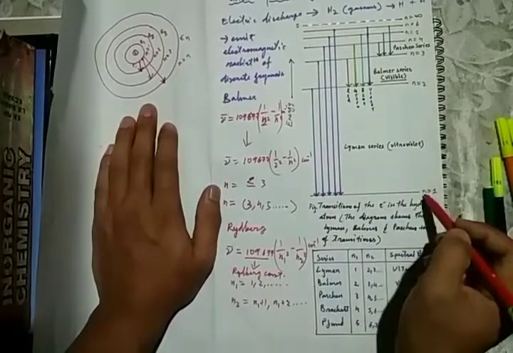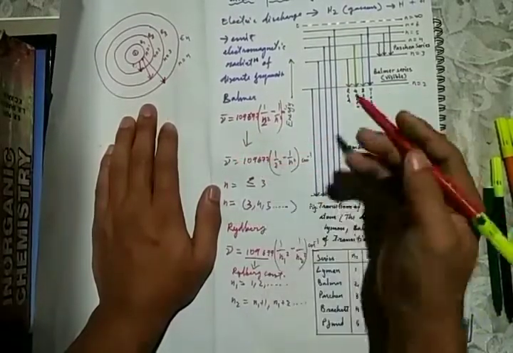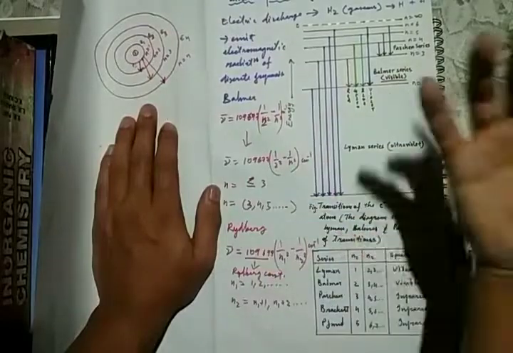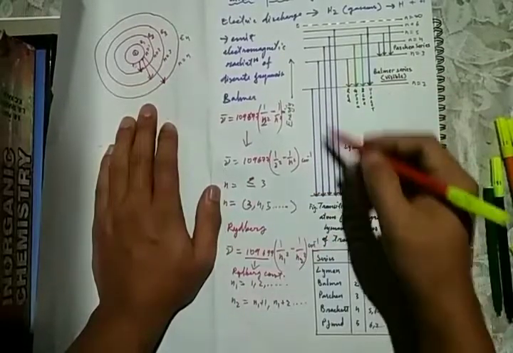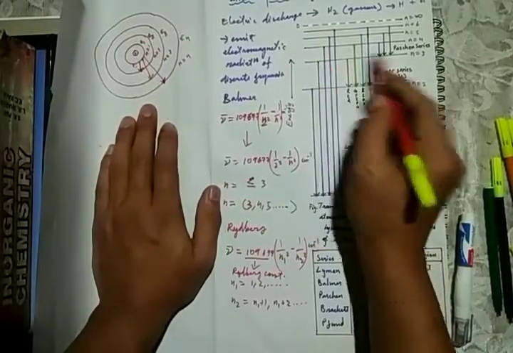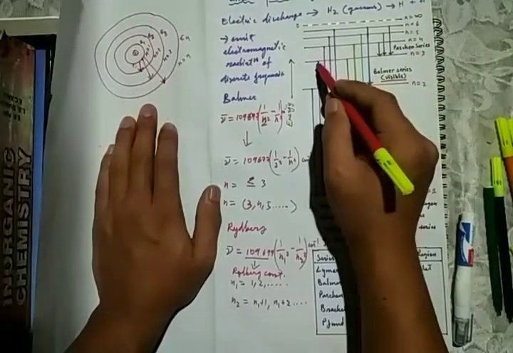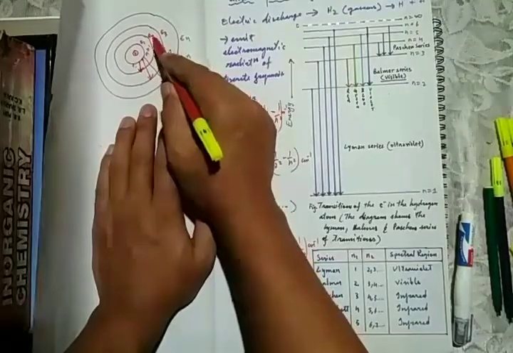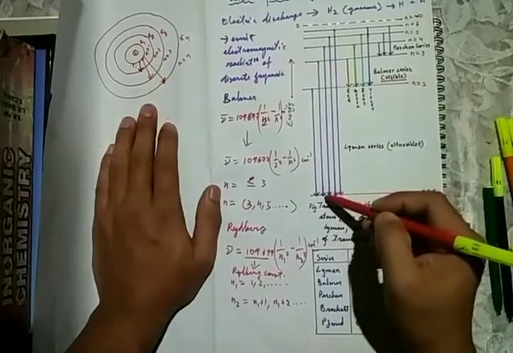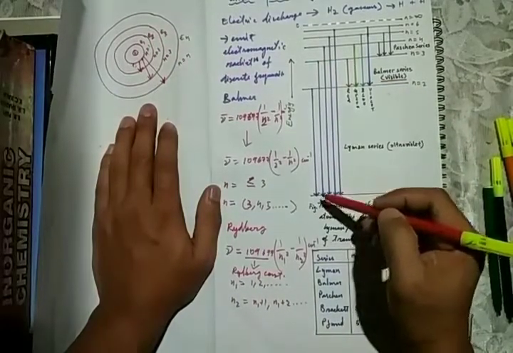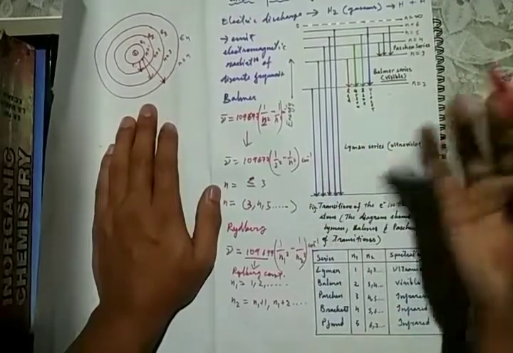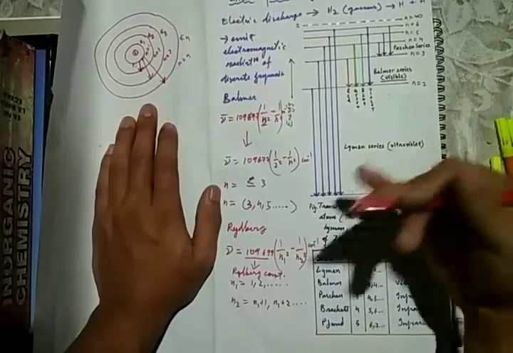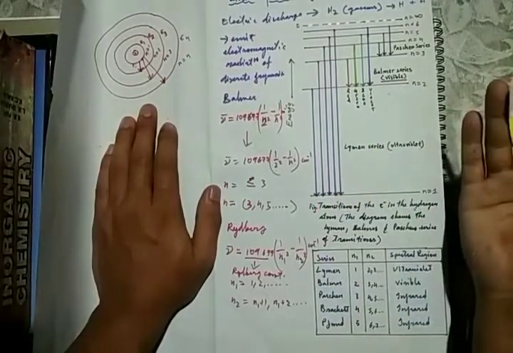It can gain energy to a higher extent and move to N3, or energy level E2, and come back after gaining energy and irradiation.